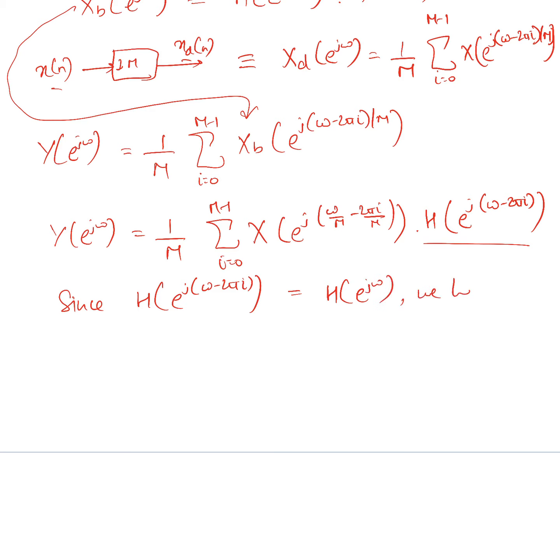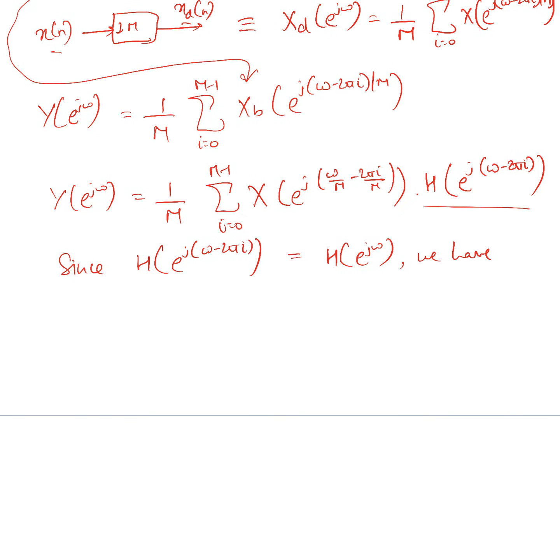So we have Y of e to the power j omega equivalent to 1 by m summation of i equal to 0 to m minus 1. Now in this part we don't have i, so I can take this part outside of the summation.